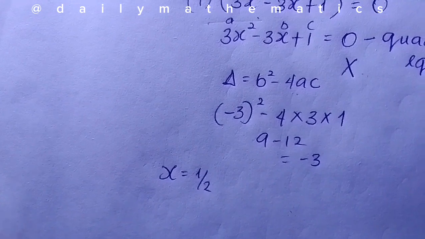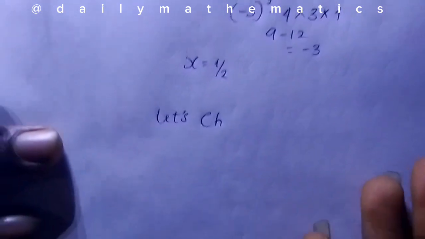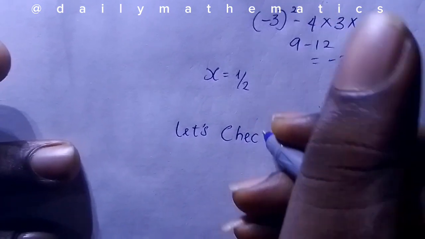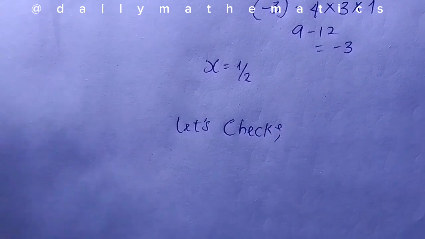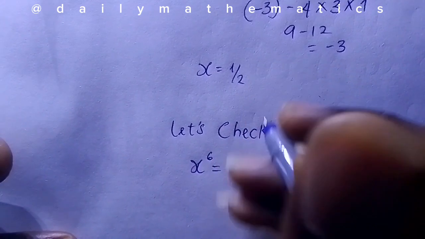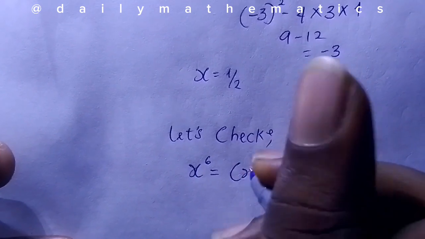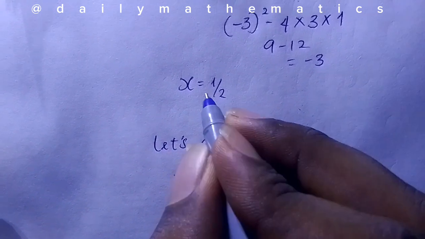Now let's check our work, right? So the question says x raised to the power of 6 equals (x minus 1) raised to the power of 6. So we say x is 1 over 2, right?